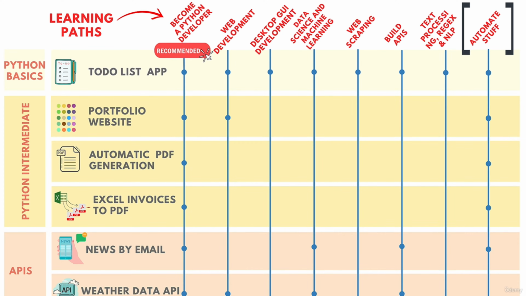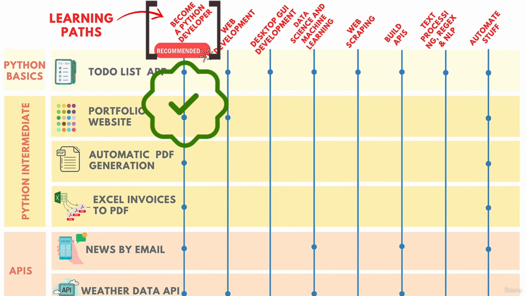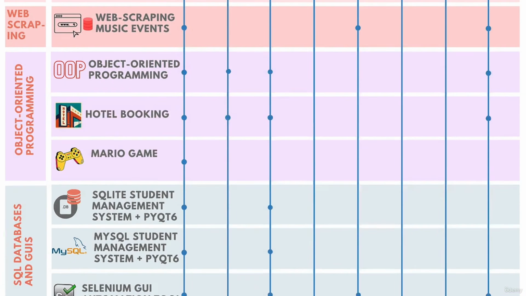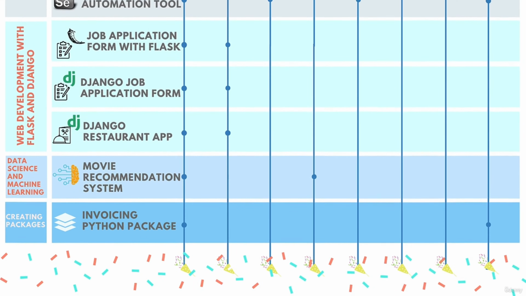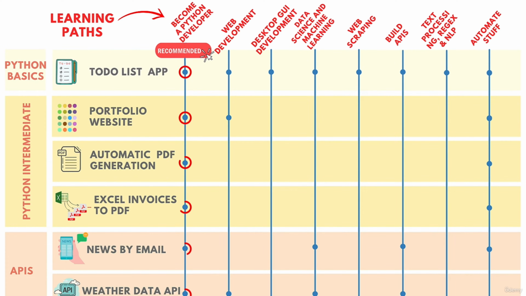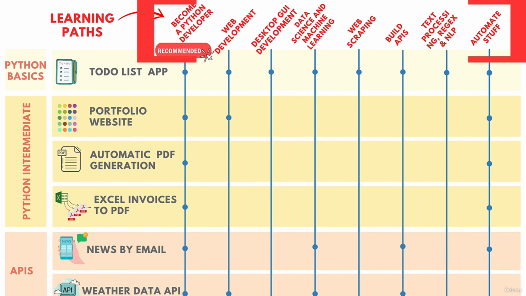So these are different learning paths, but there is also a main path, which is what I recommend, and that's a general Python developer path, which means you want to take all the videos from the very first video to the very last one. As you can see, we have placed dots at the applications you want to stop if you want to take either of these learning paths.